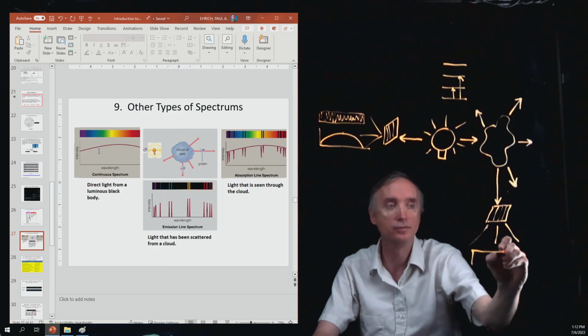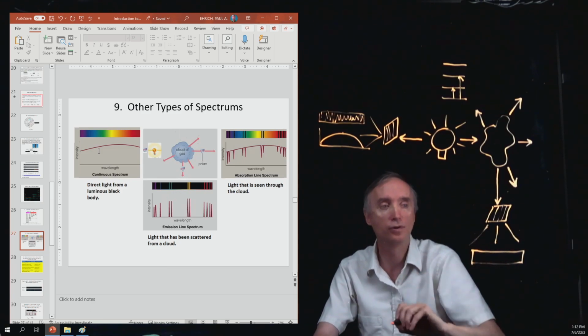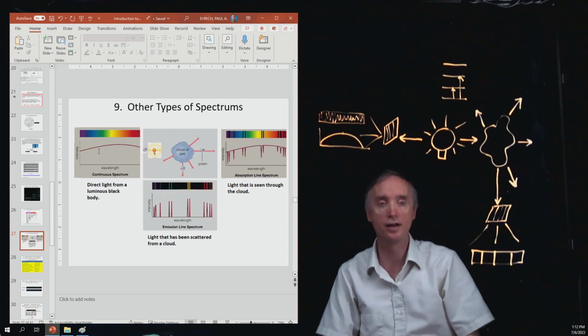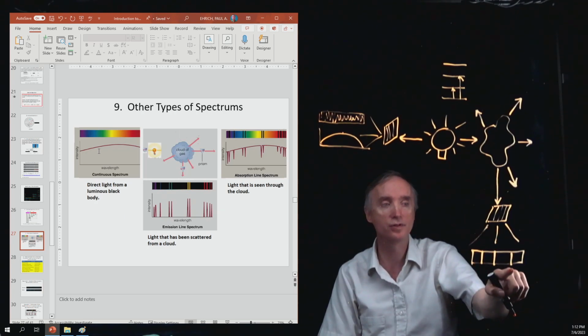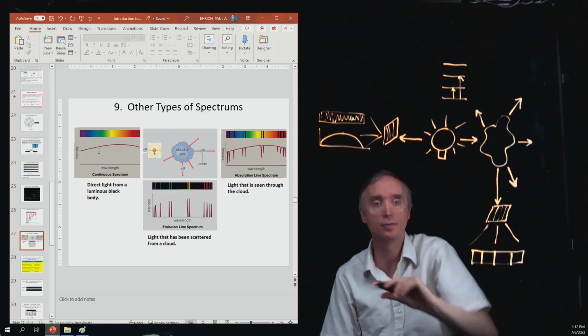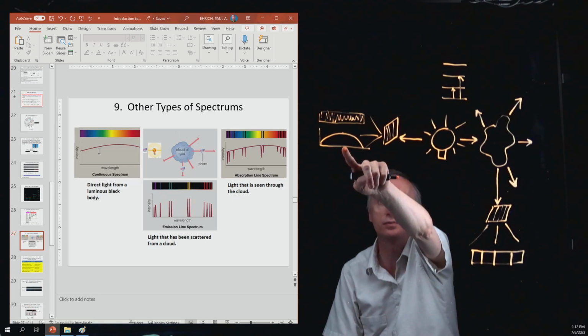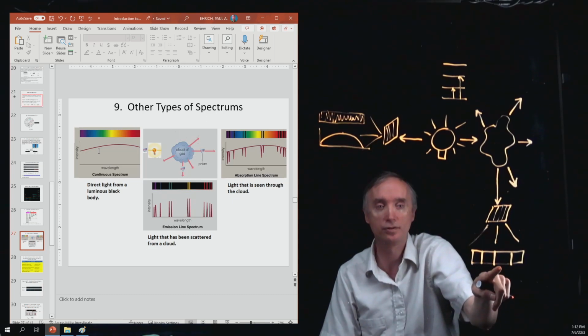So down here you're going to get only certain colors of light, and the certain colors of light represent these transitions up here. So this one was the continuous, this one is the emission.